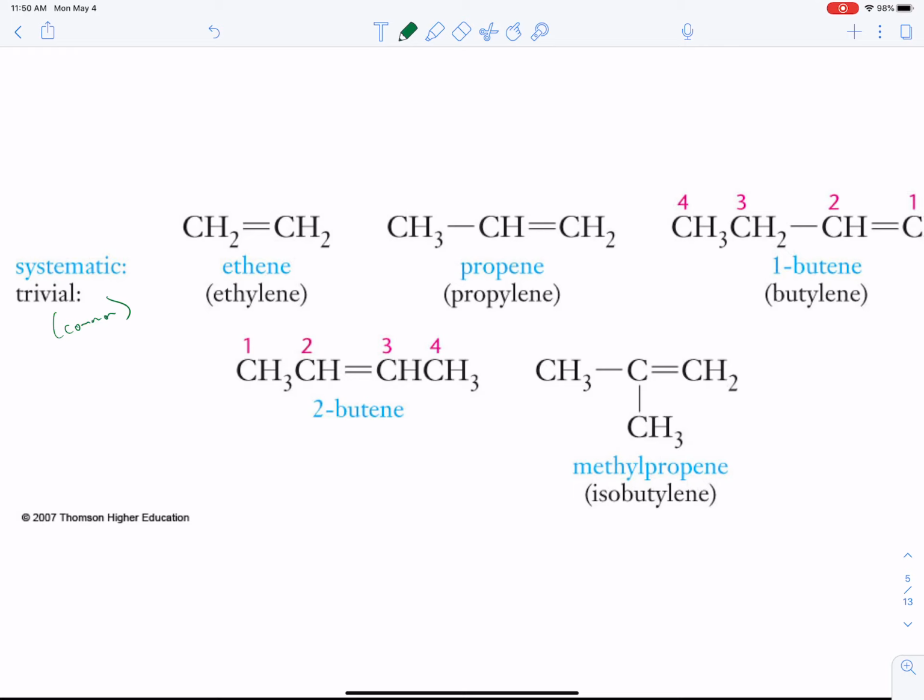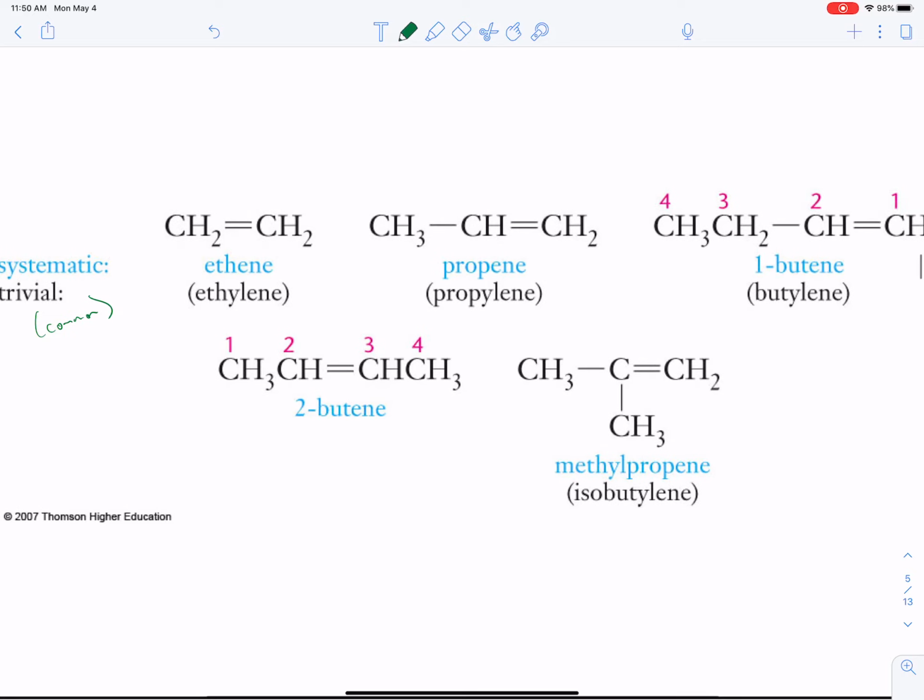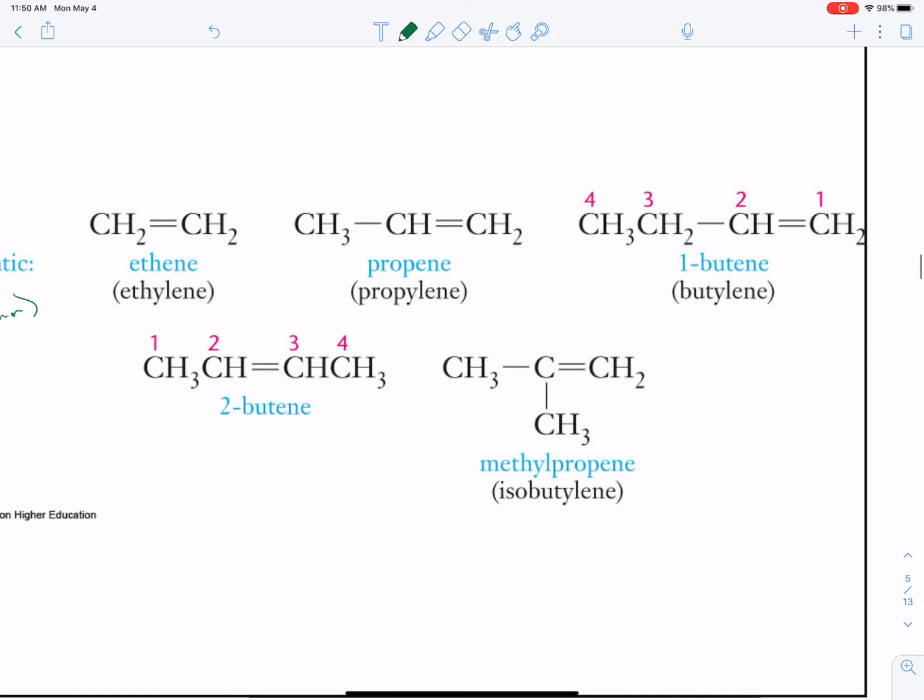Not necessarily for alkenes, but for other species. So you got to be paying attention to some of these common names. I'm not going to make you have to memorize all of these. You'll be okay not having to memorize these trivial names or these common names, but you can start to see how things play out. Notice that we always number from the end closest to the alkene.